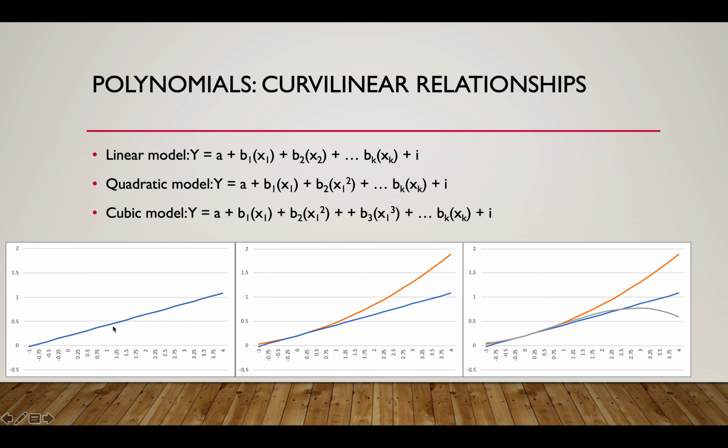This is the basic term, your linear term. And in order to add the next step in the progression, you have to have all of your lower order terms included. So in order to even look at this one here, a squared x, you have to have a linear function of x in there. And so without it, this would make no sense. This regression equation would make no sense if it was just b squared times x squared.